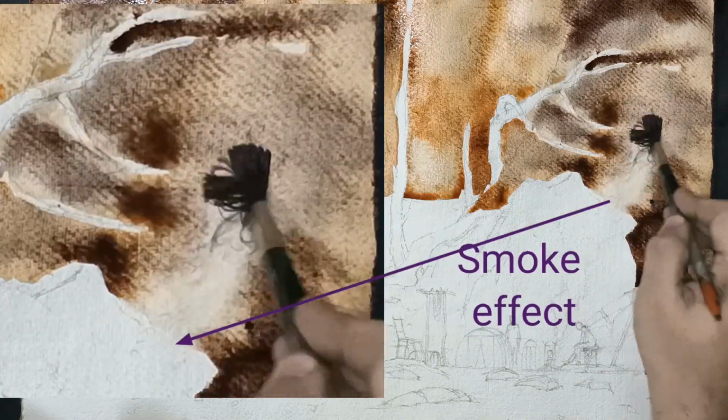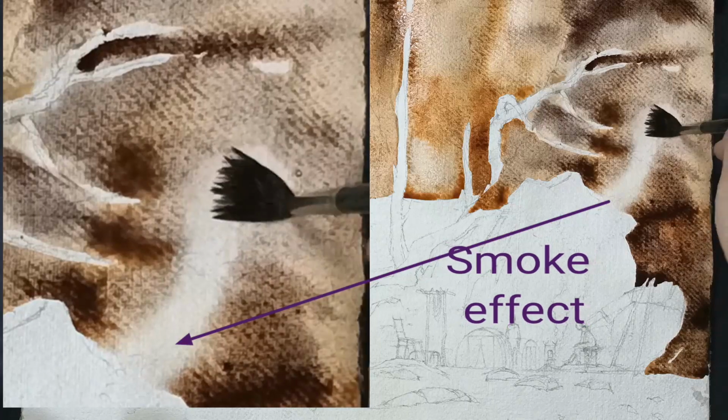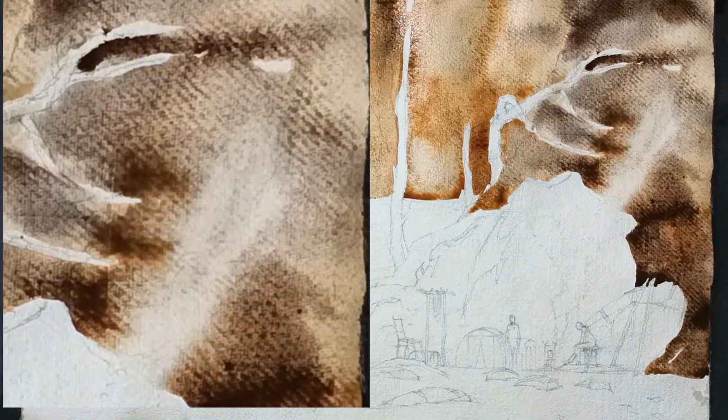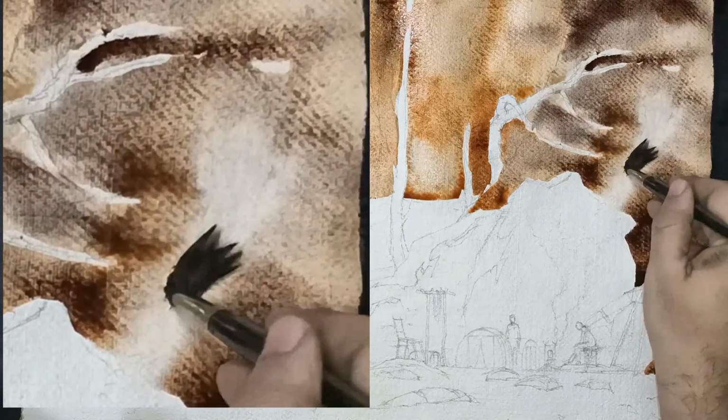Now we have started showing the smoke effect. It's pretty simple to show. You just lift some paint from the wet surface and you are almost done.